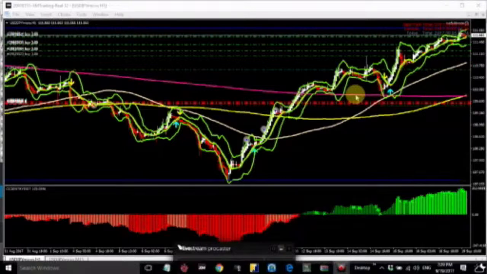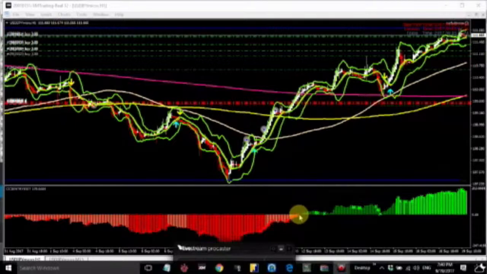If you are confused about this, because this took me a long time to understand also, look at what I'm touching here. This is CCI, and this CCI is set to 200.